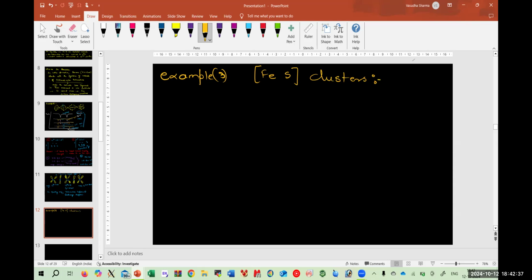We have also taken a lot of examples with iron clusters, but this is a little different. So here we are taking first the 2 iron, 2 sulfur ferredoxin. These are electron transport proteins.